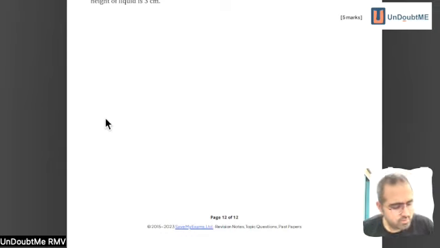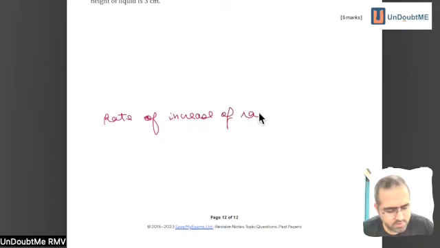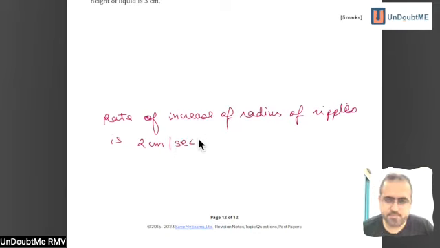So the rate of increase of radius of ripples is 2 centimeter per second.